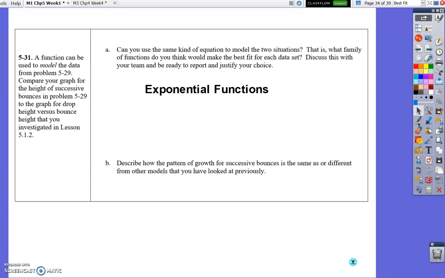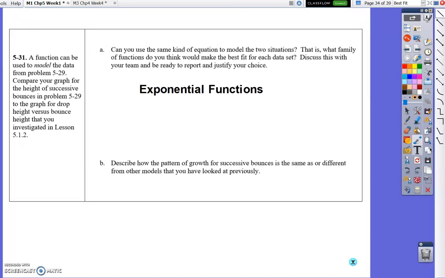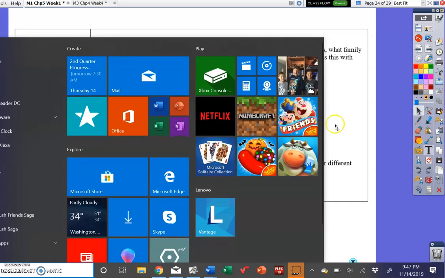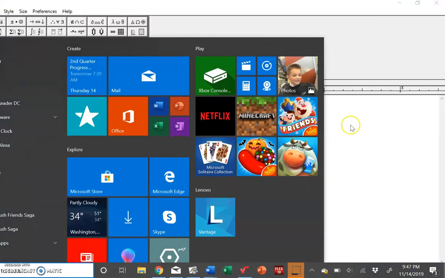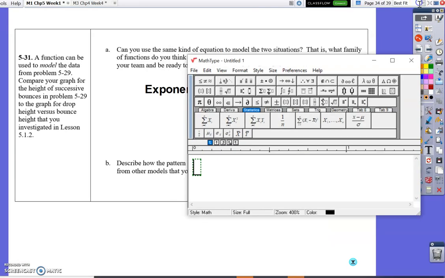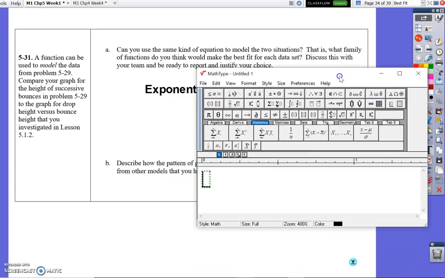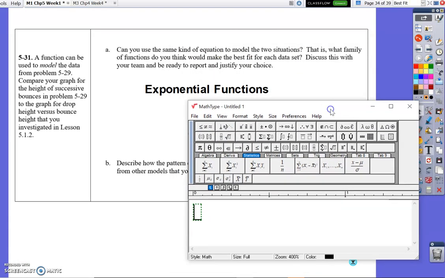I'm going to go ahead and give you the equation for this, and it is a little bit strange, so I'm going to go ahead and jump over to my math writing tool. When that gets open, it's thinking about it still. So here it is. Let's squish that up and put it on the screen. So this is an exponential function. Our starting height goes first, so 200.